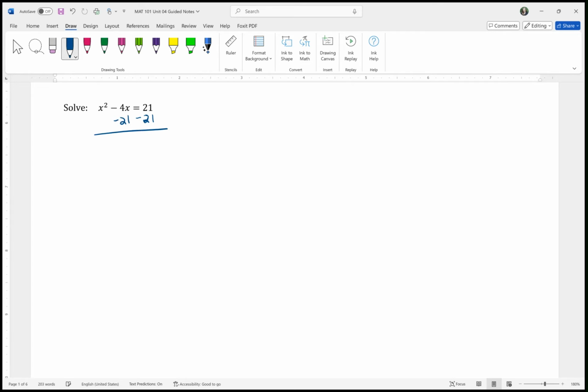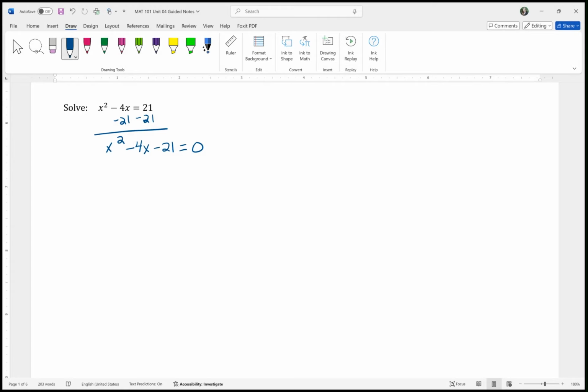Okay, so that's going to be x squared, and when we write this, we're writing in descending order. Don't try to put the 4x and the 21 together. We want to write this in order of x squared first, then the x term, so minus 4x, then the constant, minus 21. And that's going to equal 0 because 21 minus 21 equals 0. And this was our goal of that step. So we've also taken care of the descending order.